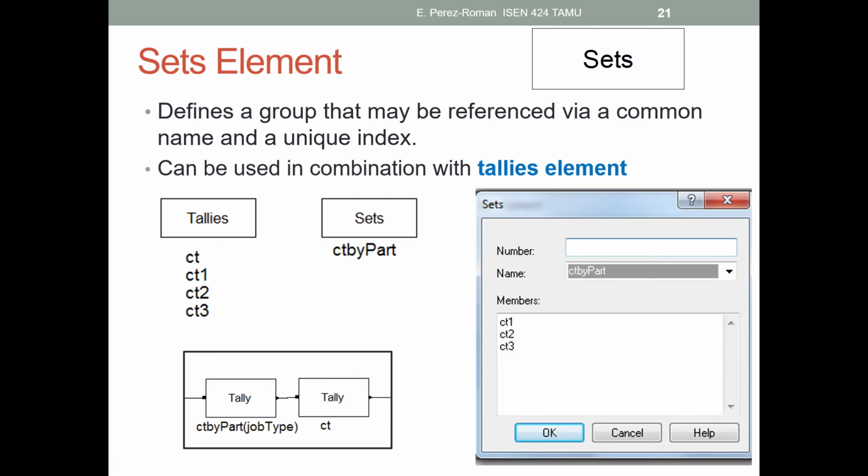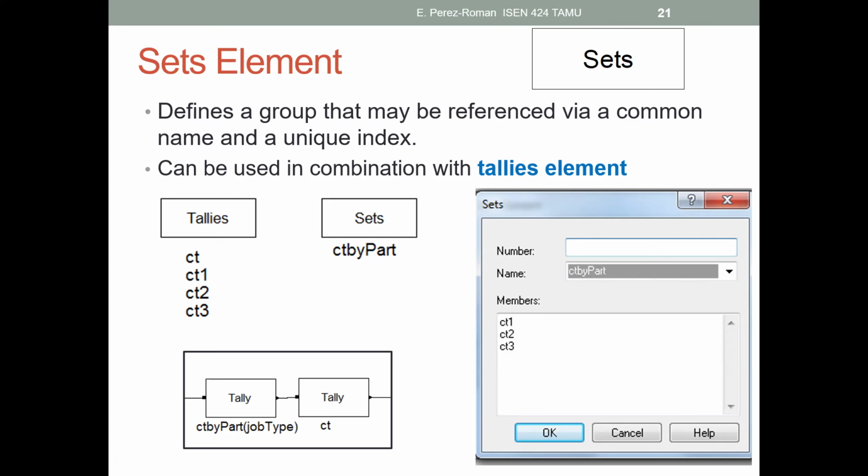So CT1, CT2, CT3, and those members are basically names coming from your tallies. In this case, you have a set that has 3 members that are tallies already defined in the tallies block.